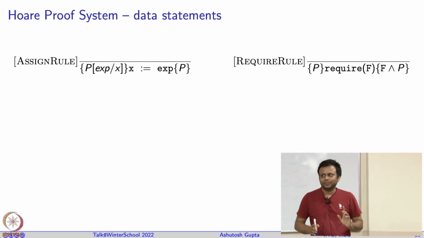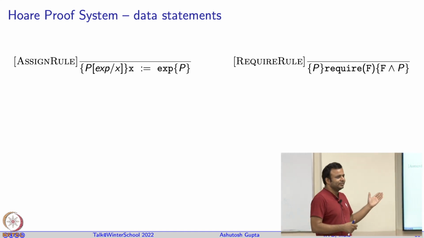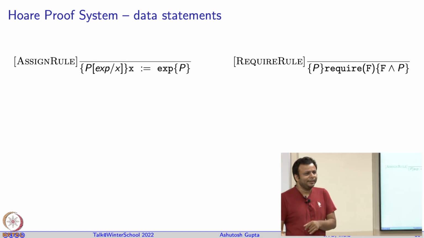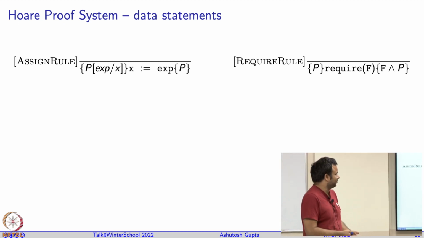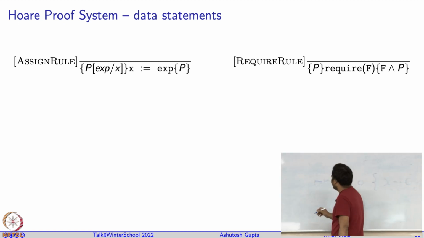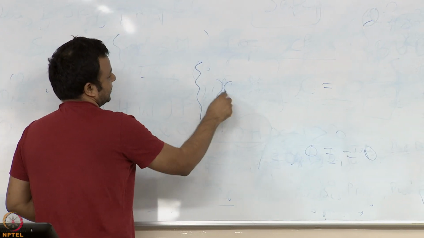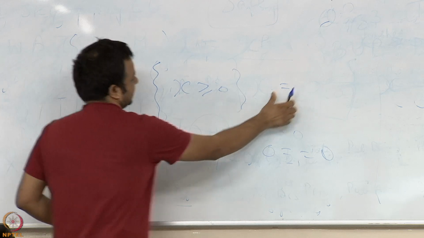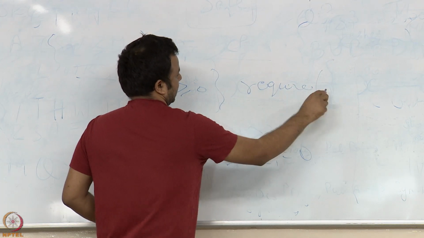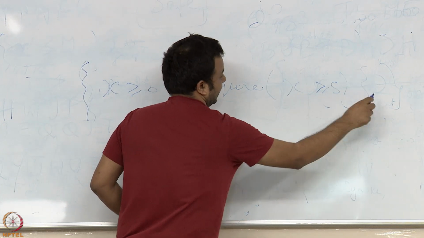So what the require semantics is saying is: if you start with a set of states P, you can only land in states where F is also true. So if I start with, let's say, x greater than or equal to 0, and my require is x greater than or equal to 5, where would I land?